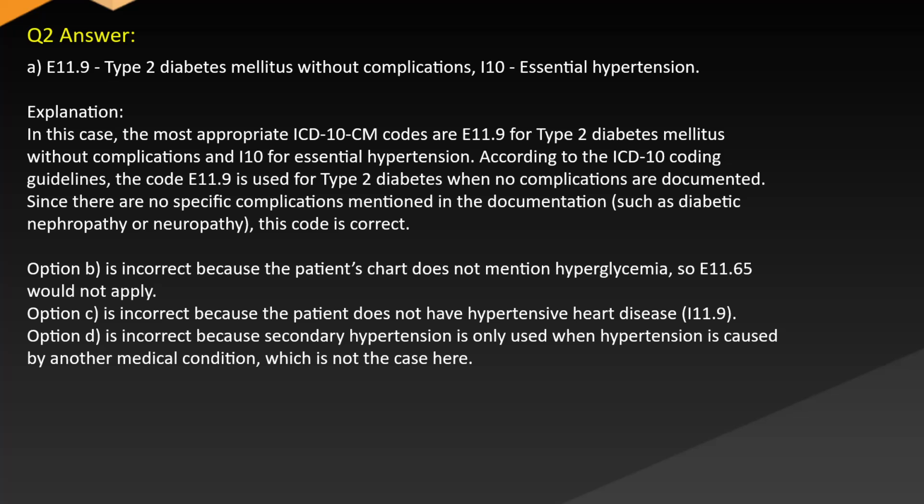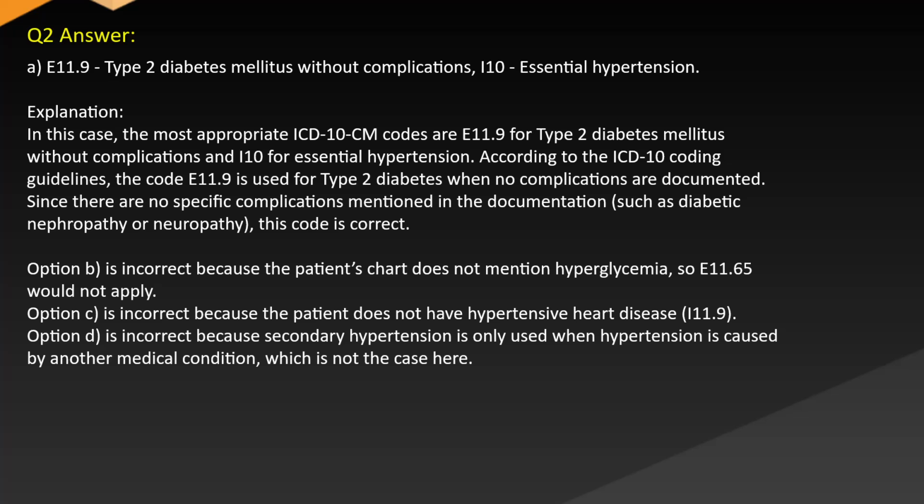Essential hypertension. Explanation: in this case, the most appropriate ICD-10-CM codes are E11.9 for type 2 diabetes mellitus without complications and I10 for essential hypertension. According to the ICD coding guidelines, the code E11.9 is used for type 2 diabetes when no complications are documented. Since there are no specific complications mentioned in the documentation, such as diabetic nephropathy or neuropathy, this code is correct.